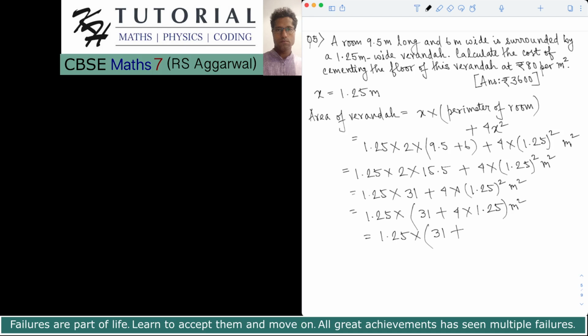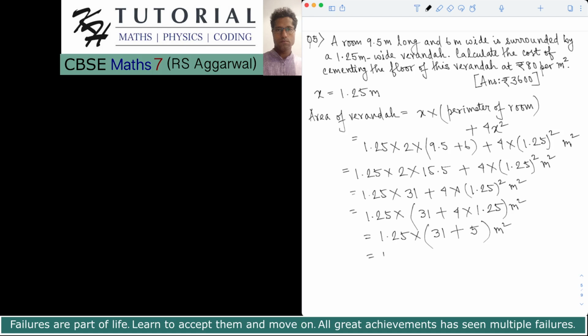And this is 1.25 multiplied by 31 plus how much is 4 multiplied by 1.25. 125 multiplied by 4 is 500, so this will be 5 meter square.